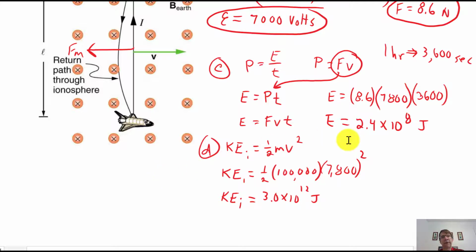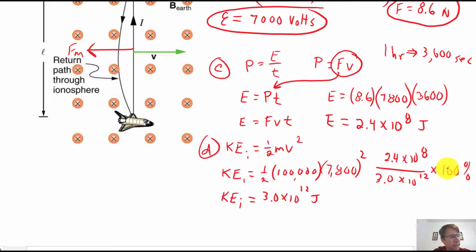But if you drag this cable for an hour, you lose that much energy, which is going to slow you down. We're ignoring the slowdown right now, but the question is, what percent loss is that? Well, if you lose 2.4 times 10 to the 8 joules out of the original 3.0 times 10 to the 12th, you divide that and multiply by 100 to get your percent.